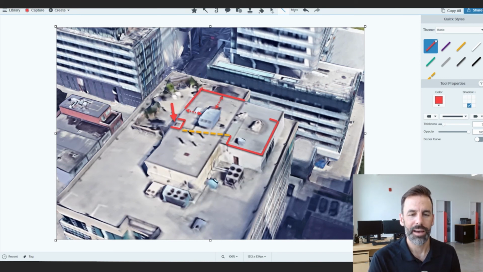So having good measurements of everything next to the roof edge will really give you the best indication of where you need to put some fall protection. And as always, if you think that 2 sections of guardrail might be combined, just let us know and we'll figure it out for you, and we're going to give you the best advice on how to get the best protection for the best price. That's it.